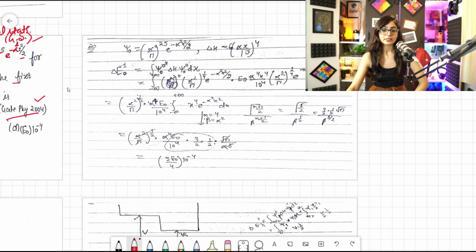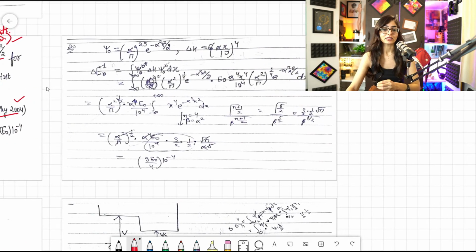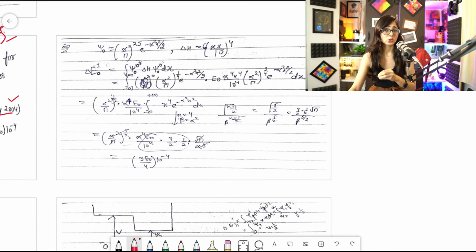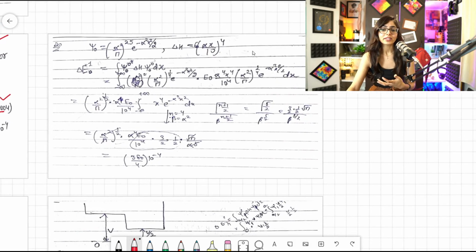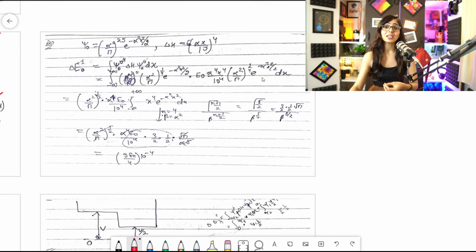This is very simple. First order perturbation looks very difficult, but when it comes to the solution, it has only 1 to 2 methods, and you'll reach the solution. So let's see. You can see here psi naught was given as (alpha square by pi) raised to the power 0.25 e raised to power minus alpha square x square by 2.